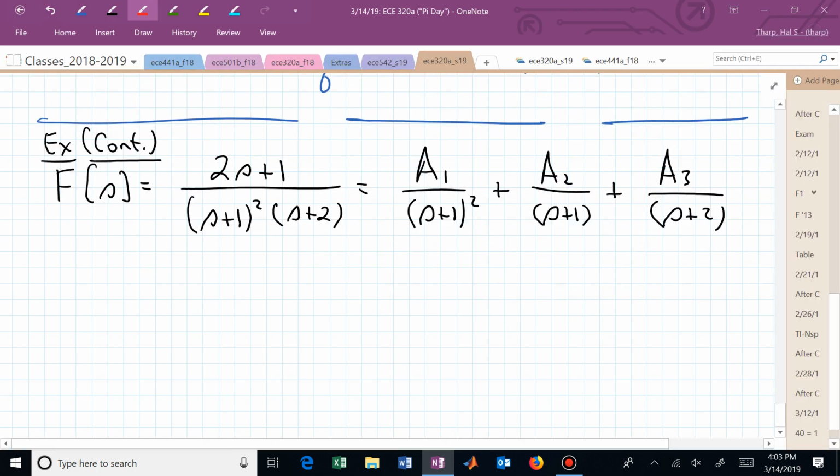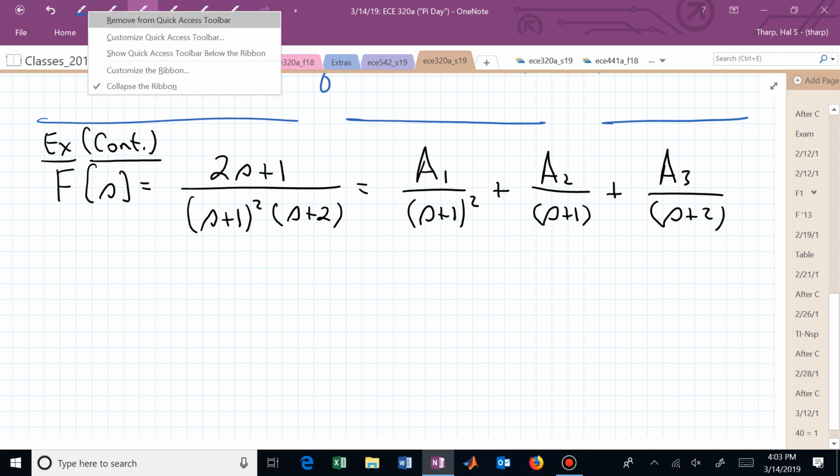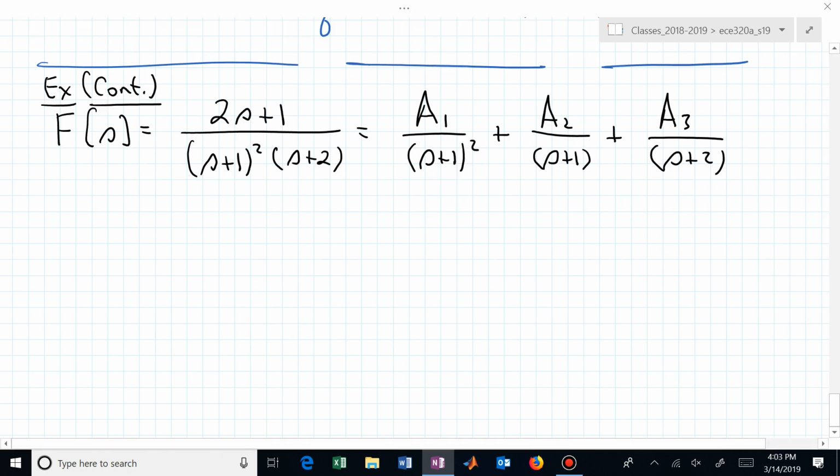Which one do we want to just do now? If you were pressed for time, which one would you maybe start with? Okay, so you don't know which one, or maybe you all want to start with the hardest one first. I would do A2.